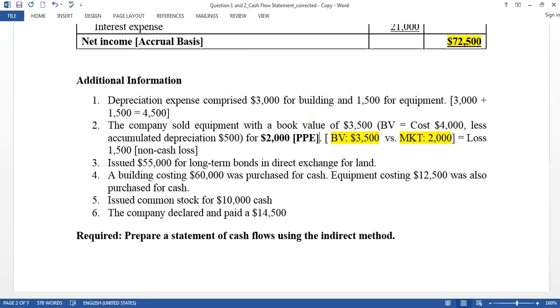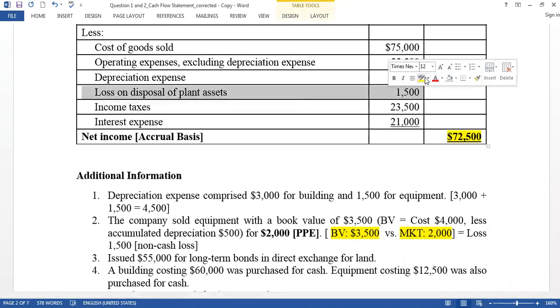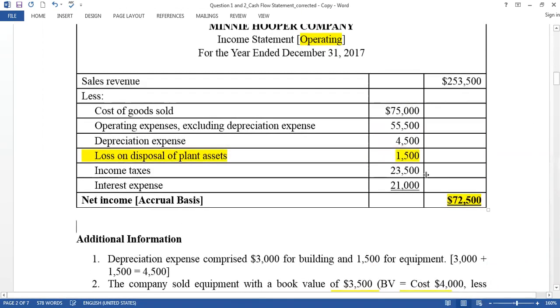But the loss is transferred to operating activities. As it is a non-cash loss, it decreases our net income. You can see that it is given here: this loss $1,500 decreases our net income, but cash does not decrease.